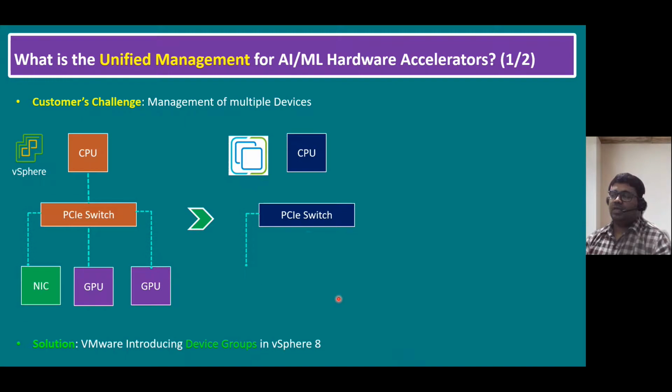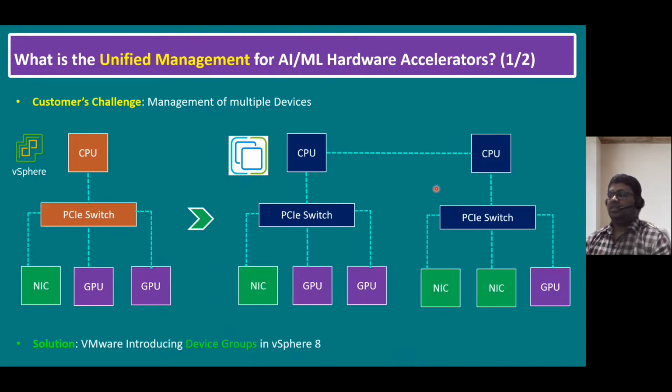This PCIe switch helps connect to multiple devices, and the processor can also connect to other co-processors. This is the high-level diagram: the processor can talk to the co-processors and also access multiple devices through the PCIe switch, similarly for the other processor. But here, the key point is that VMware introduced the solution called device group.